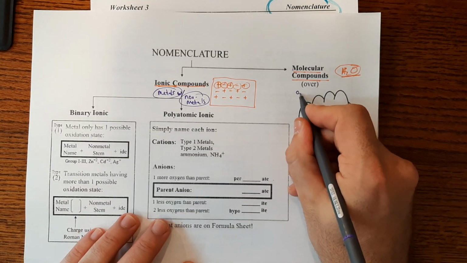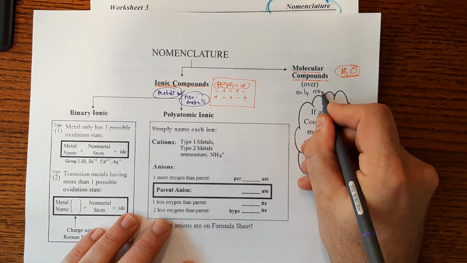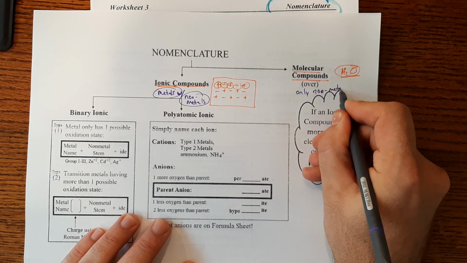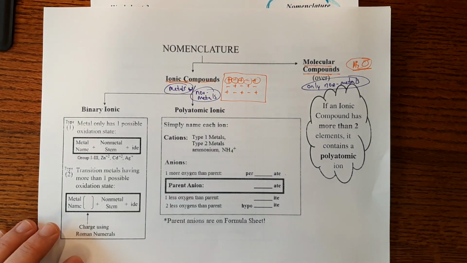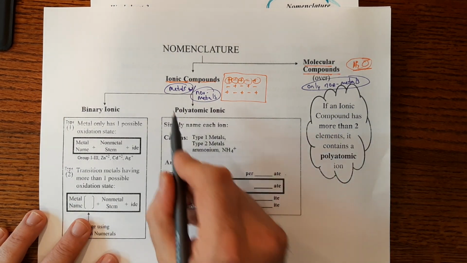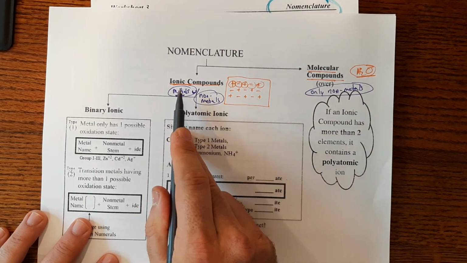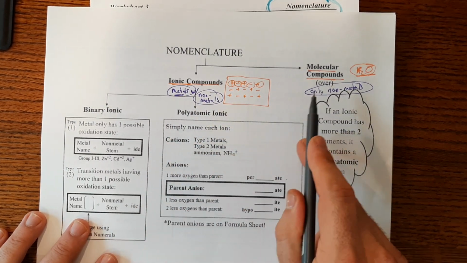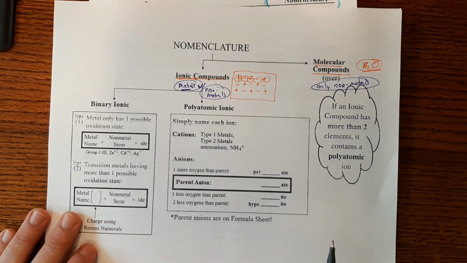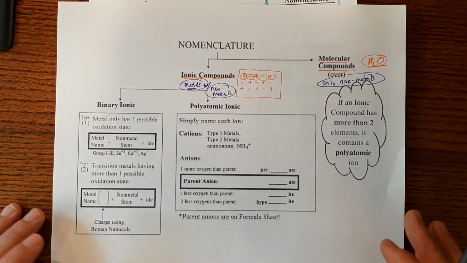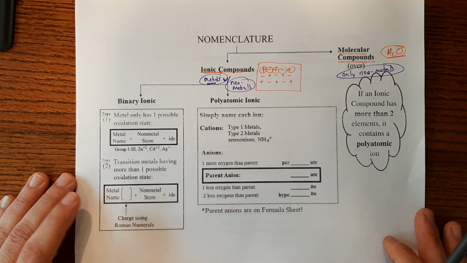Molecular compounds have only nonmetals in them. So you can actually just look at the first element in a symbol. If it's a metal, you know it's an ionic compound. If it's a nonmetal, you know that you're dealing with a molecular compound. And then the naming builds from there.